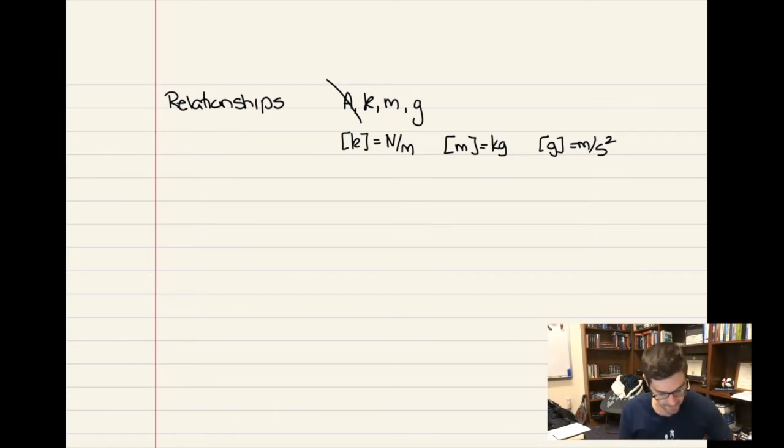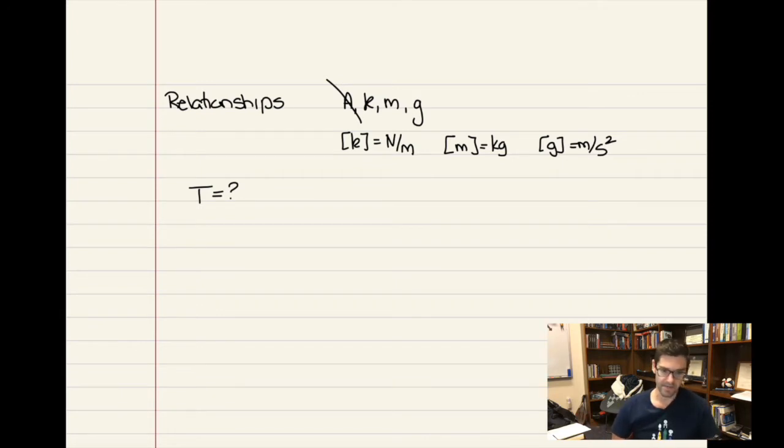I could ask myself, if I want to measure the period, it seemed to depend on k and m, particularly. Maybe it also depends on g, but it seemed in this case to depend on k and m.